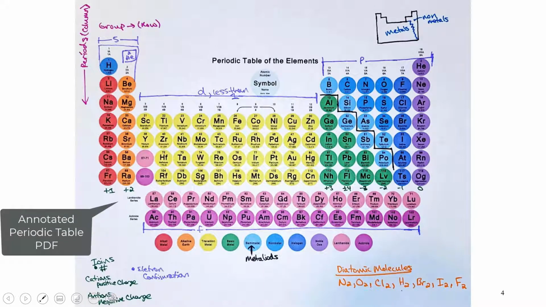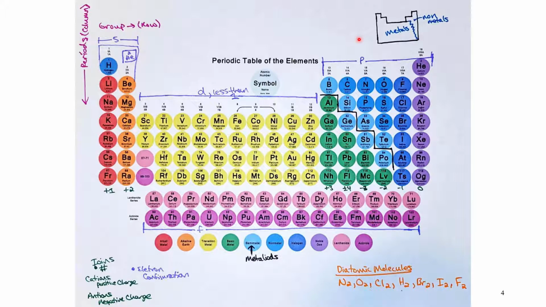In the shared folder, there is going to be this annotated periodic table, which I've included the periods, the rows, or the groups, and then I've included the S, the D, the P, and the F down here.